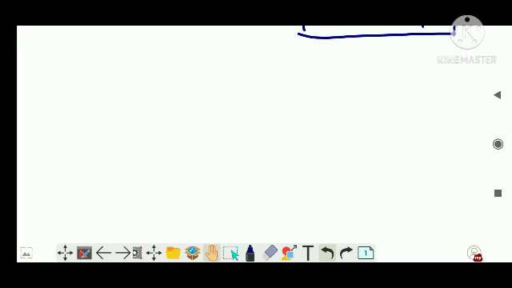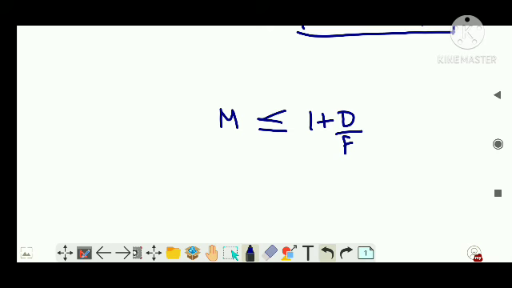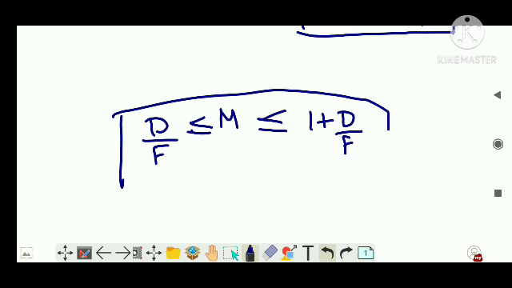Clear? Right. So that means I can say the magnification of a simple microscope lies in the maximum value of 1 plus D by F and minimum of D by F. That is the range of magnification of a simple microscope.